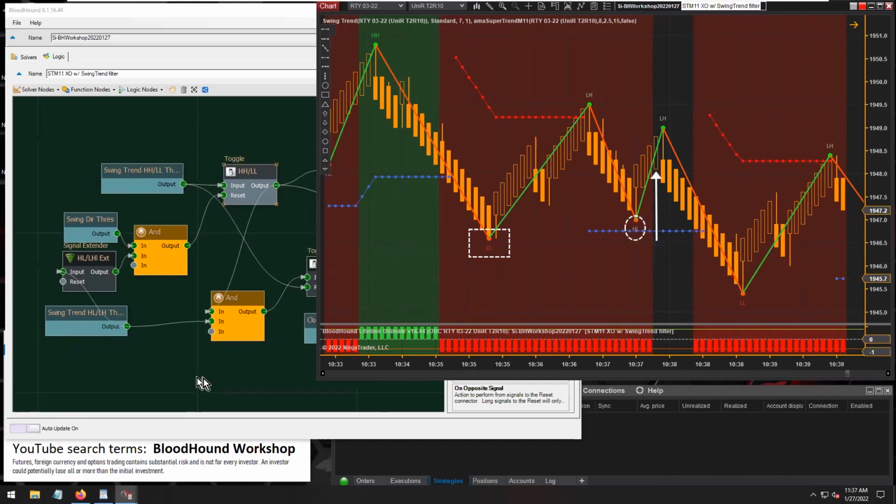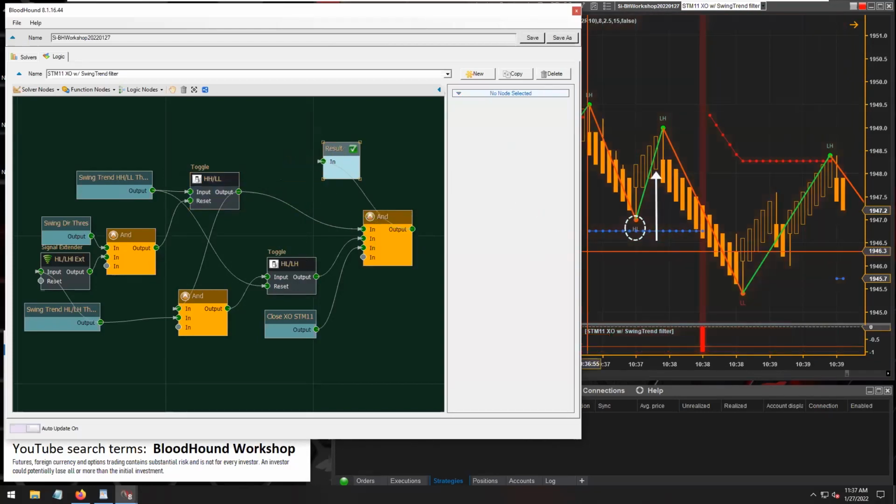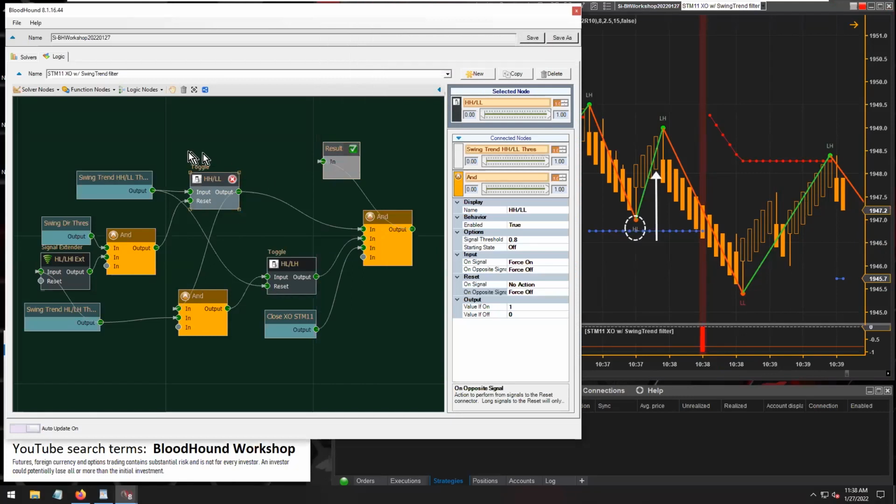Well, actually, let's see if that toggle node got turned off. No, it didn't. Okay. So this signal is still here because the lower low toggle node turned right back on really quickly. So, all right.